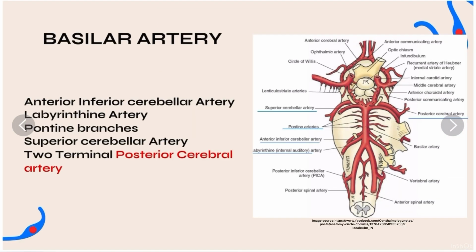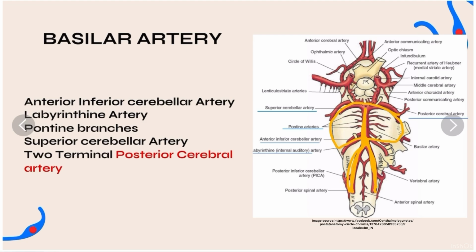Coming to the basilar artery, I already told you its formation is by the union of the two vertebral arteries. Here you can see this is the pons and at the lower part of the pons they unite together to form the basilar artery. It lies in the median groove in the pons. This median groove is also called the cisterna pontis.